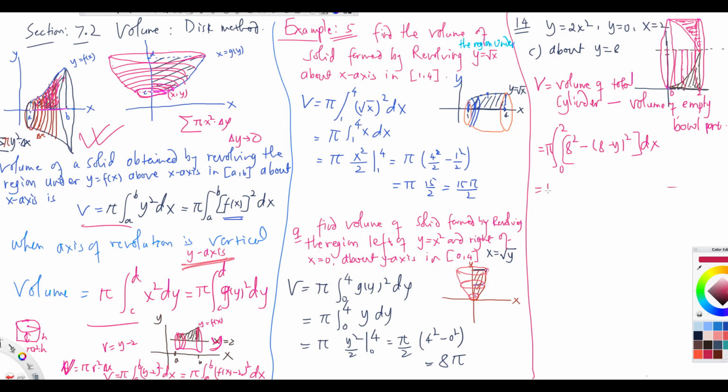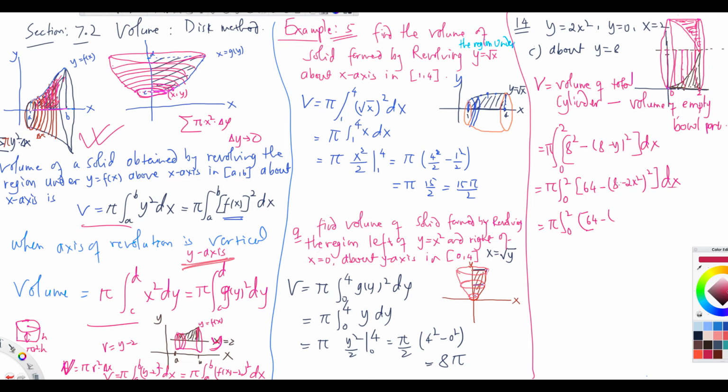Now what is y? So that will be pi, 0 to 2, of 64 minus 8 minus y squared. Y is 2x square, so it will be 8 minus 2x square, whole squared, and then dx. Now this will be pi and then 0 to 2, of 64 minus, let me use brackets, the square.